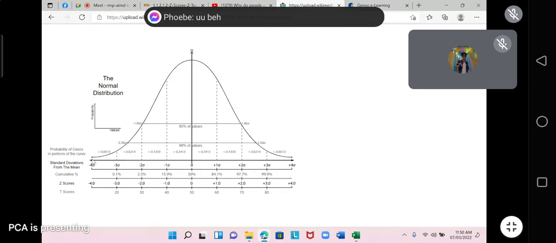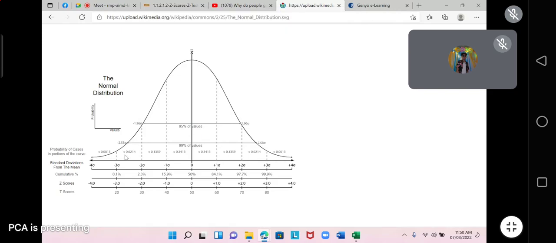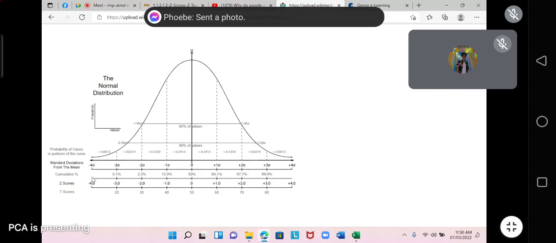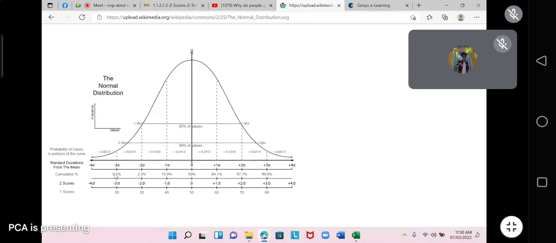In here, you start from here and then you increase. Sorry, sa cumulative tayo. In here, it's 0.1%, that is 0.001.